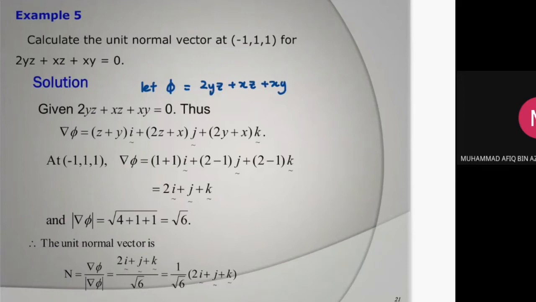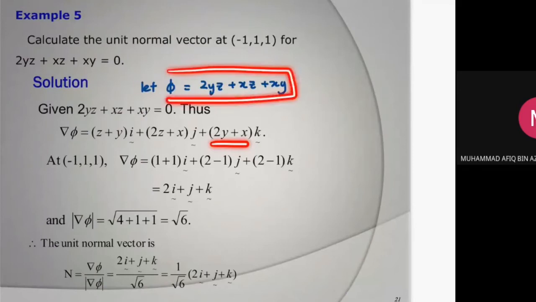So for gradient phi, differentiate with respect to x, you will get z plus y. And then for the second component, differentiate phi with respect to y: 2z plus x. For the third component, differentiate phi with respect to z, you will get 2y plus x.